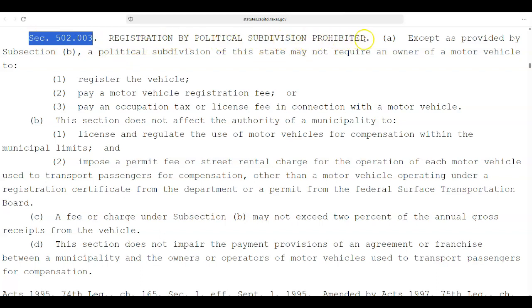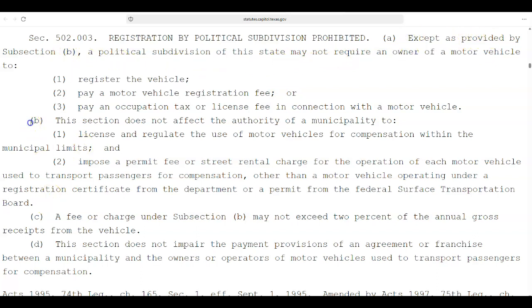A, except as provided by subsection B, a political subdivision of this state may not require an owner of a motor vehicle to register the vehicle, pay a motor vehicle registration fee, or pay an occupation tax or license fee in connection with a motor vehicle. Okay, mind you, except as provided by subsection B.